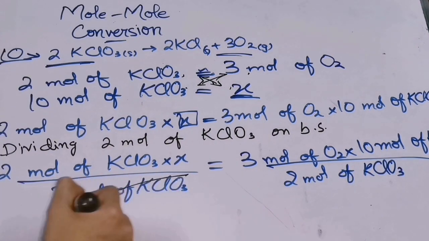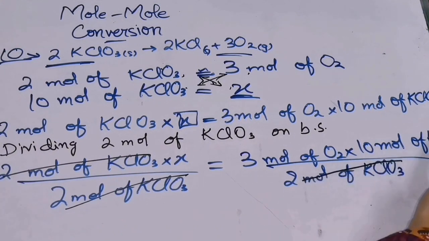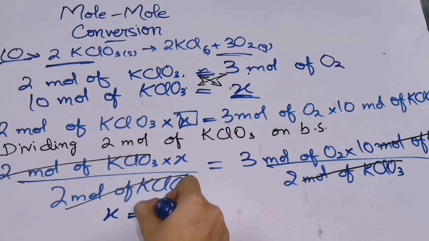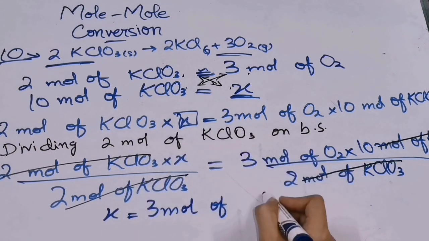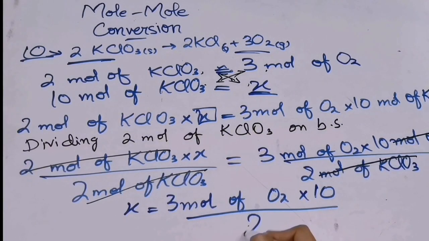Now here they both will cancel each other, and mole of KClO3 will cancel the mole of KClO3. Now what will be left? X is equal to 3 mole of O2 multiplied by 10 divided by 2. When you calculate this, you will get an answer of 15 mole of O2.